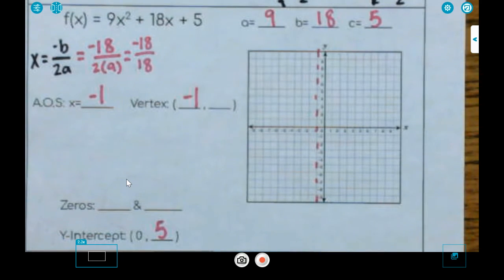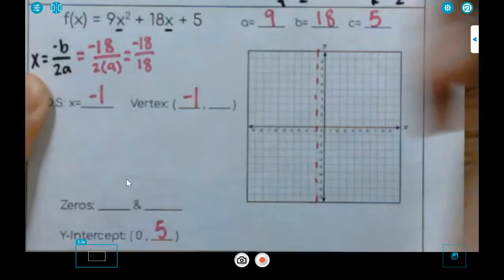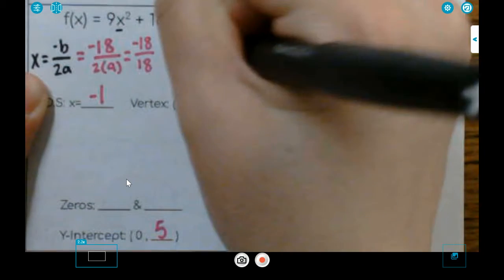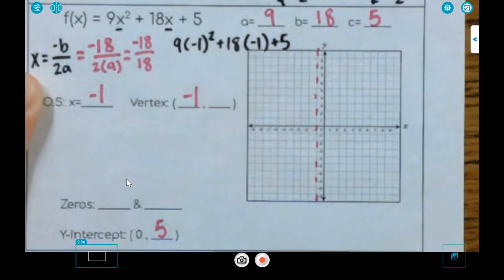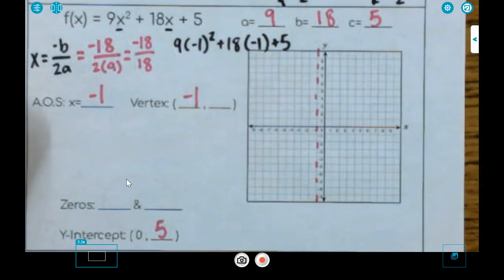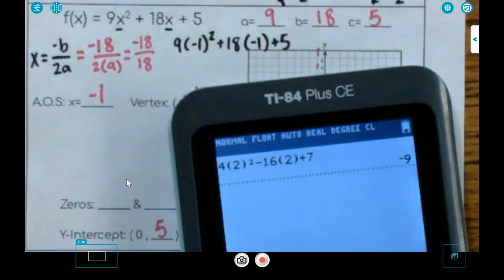Okay, then I'm going to plug in negative 1 for x. So everywhere there's an x, I put a negative 1 in parentheses. So I'm going to have 9 times negative 1 squared plus 18 times negative 1 plus 5. And then I'm just going to throw that in my calculator because, especially with the negatives in the order of operations, I'm going to outsource this work to my calculator.